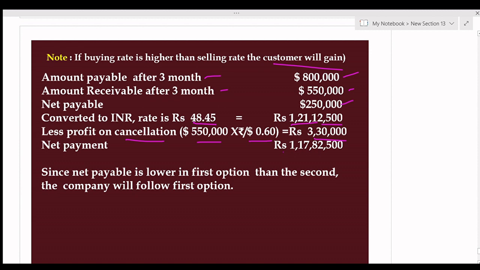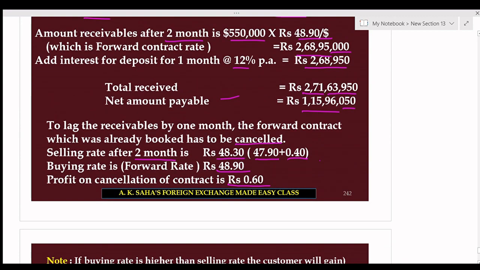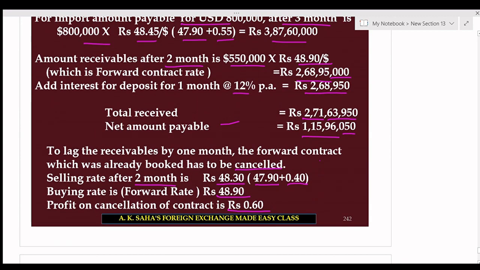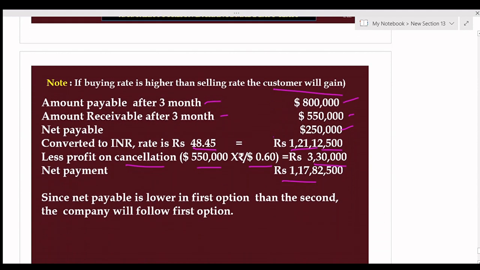Net payment is 1 crore 17 lakh 82,500. This is higher than the first option, where the net payment is 1 crore 15 lakh 96,050. So the first option will be accepted.